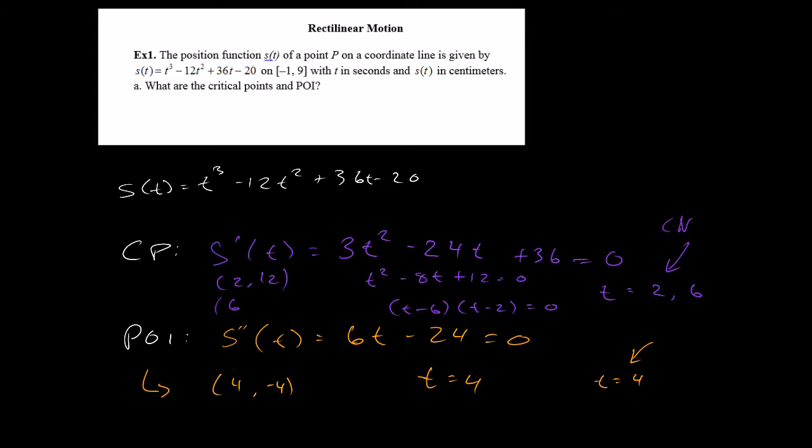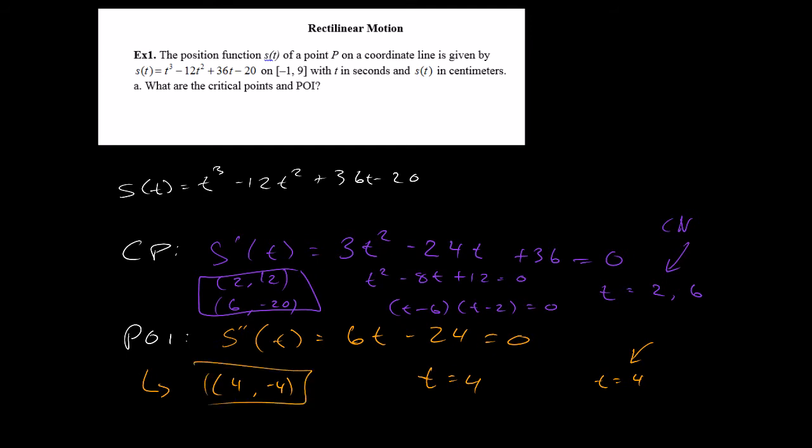So 6 cubed minus 12 times 36, having calculator issues here, plus 36 times 6 minus 20, and we get negative 20. So we found the critical points, and we found our point of inflection.